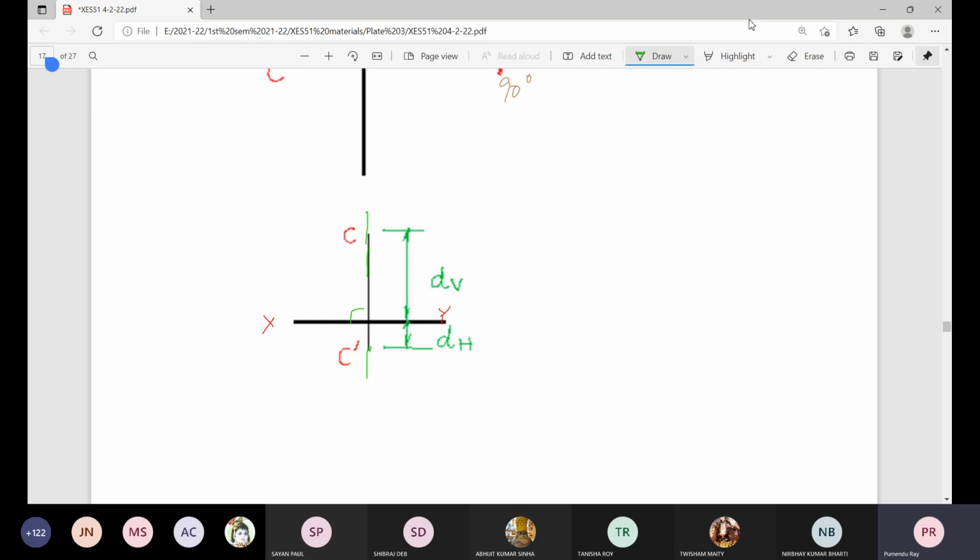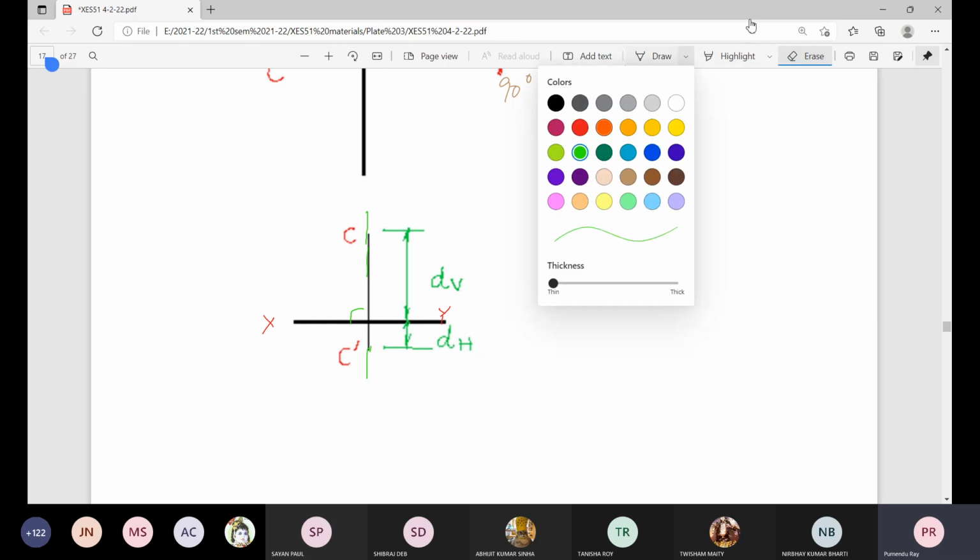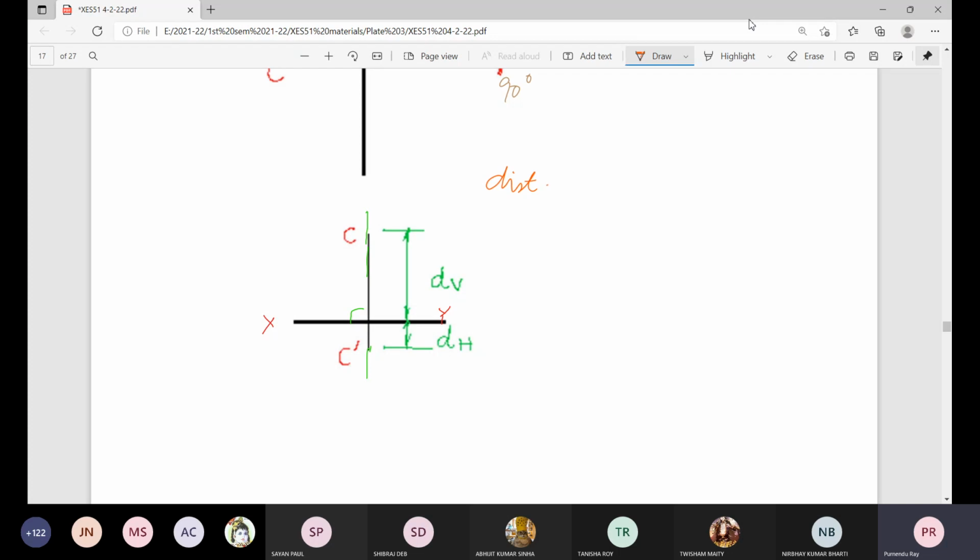We mark two locations, small c and small c dash, where the distance of plane c from the ground line XY is equal to the distance of the actual point capital C from the vertical plane.